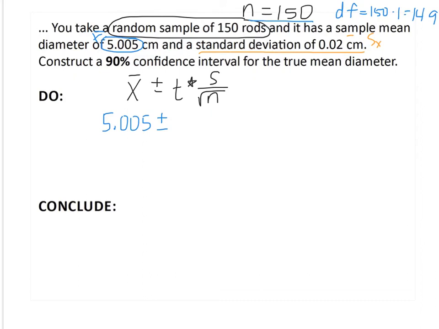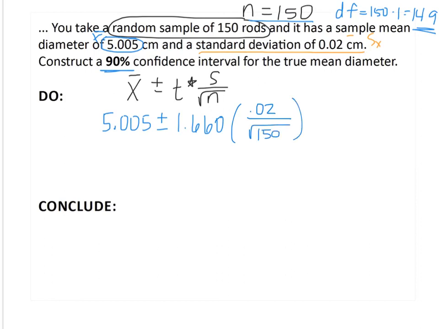It just goes to 100. So if you look at where 90% and 100 meet, you get 1.660 for t-star. And then I want to times that by s, which is 0.02, over the square root of n.